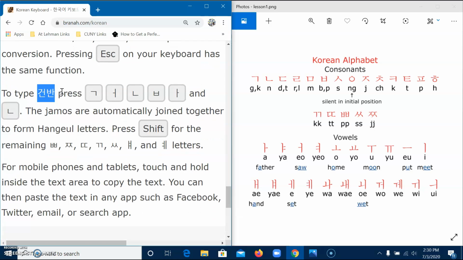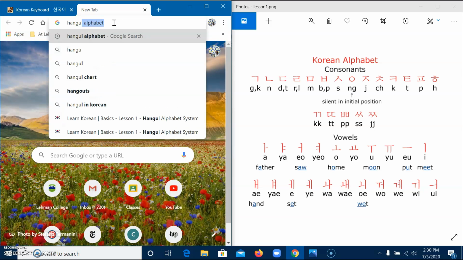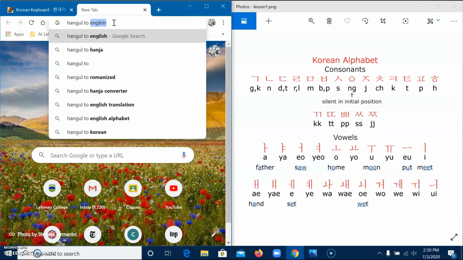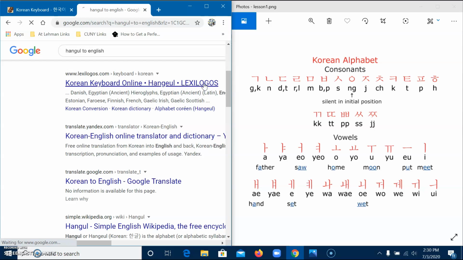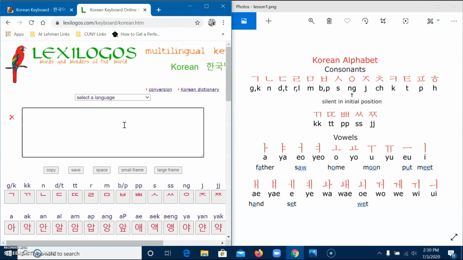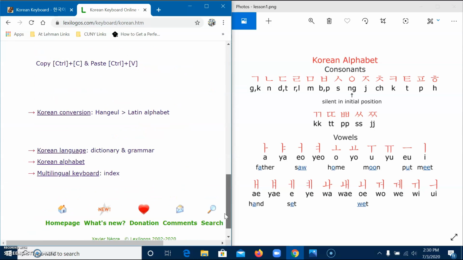So let's see. We don't know what it means exactly. Just do a little bit of this. I'm not going to use, what's it called, that website, Google Translate, because I'm not sure how accurate it is, but I'm going to try using this one. Let's find out. Let's see.